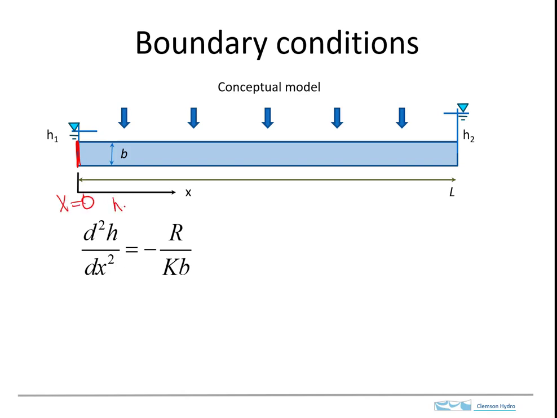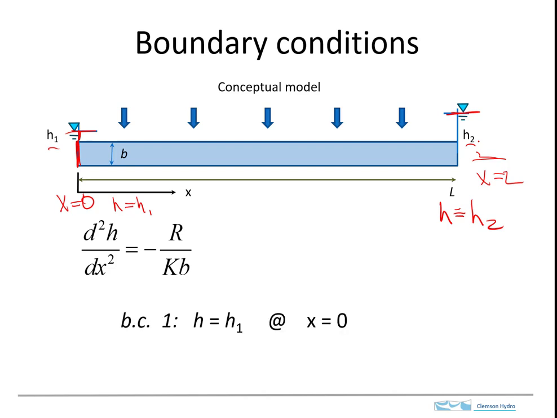That is going to be the head is equal to H1, the head in the stream. And out here at x equals L, we can also specify the head, and that's that the head is equal to H2, the head in the stream over here. You can see the way I've drawn this that H1 and H2 are potentially different.